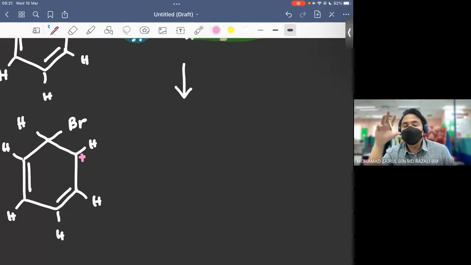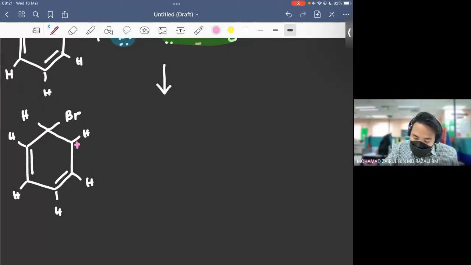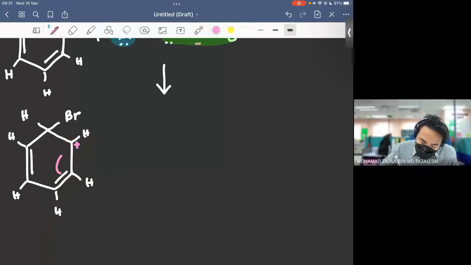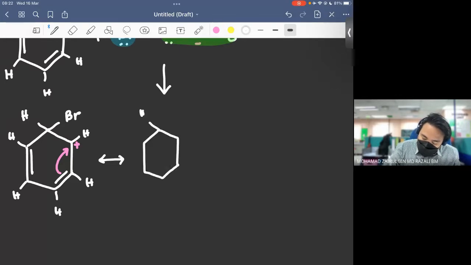Maknanya double bond dalam benzene tu dia boleh bergerak-gerak dalam ring tu. Okay, so disebabkan sini positif, sini ada lebihan elektron, so dia boleh donate 2 elektron dekat positif ni. Okay, yang ini kita panggil dia sebagai resonance structure. Resonance structure. So yang ini remain. So hydrogen.